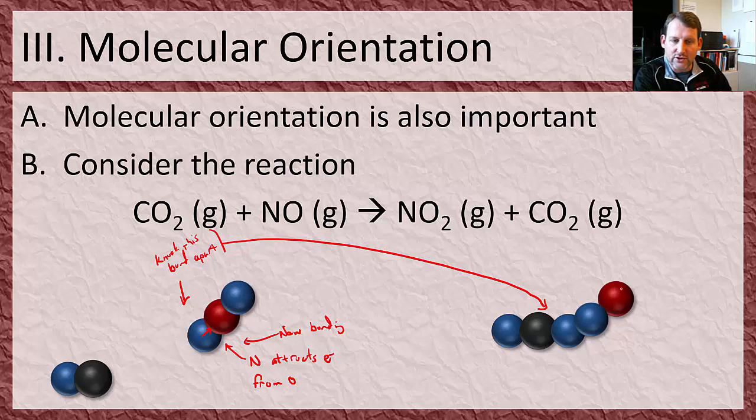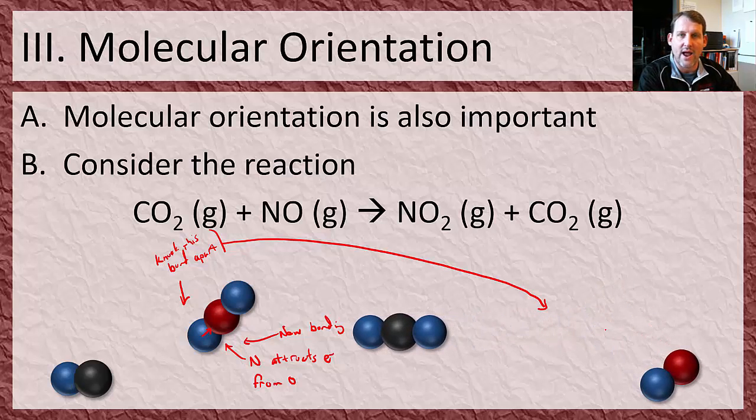Nitrogen's not pulling electrons out, so this bond doesn't get further weakened by that. And even if it is really weak, there's nothing for it to react with. It's not going to stick with the oxygen here. So the result here is a bounce instead of a reaction. So we need not only a collision, and a collision with enough energy, but a collision where the molecules are lined up properly so that the reacting atoms can actually break a bond and form a new bond at the same time.